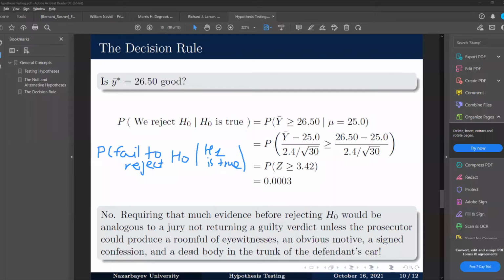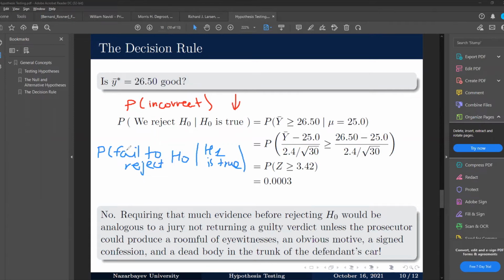So this probability is that we reject H naught when H naught is true. So here, this is the probability of an incorrect decision, and having this value be small is good. So when this value is low, it's good.